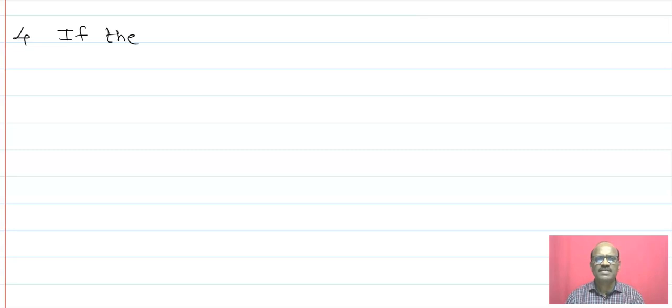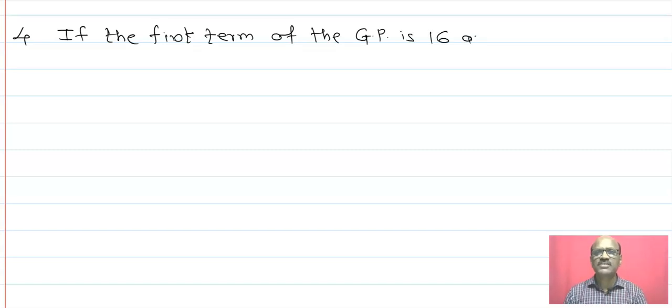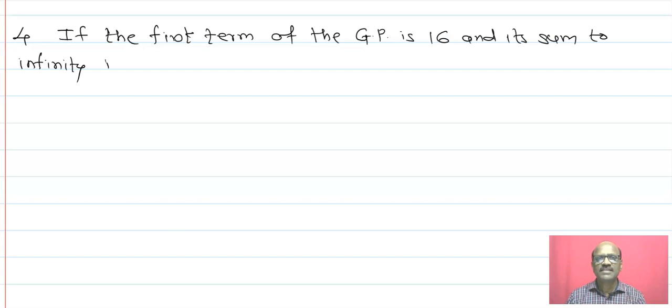If the first term of the GP is 16 and its sum to infinity is 96 upon 17, find the common ratio.